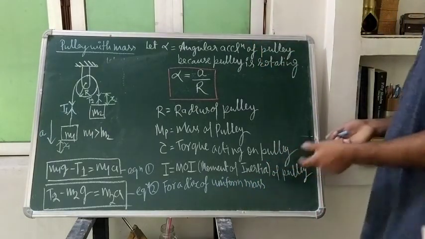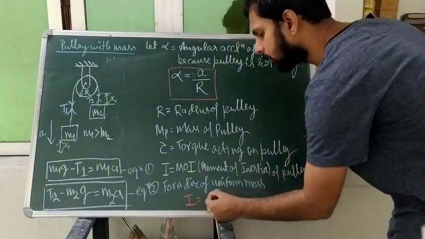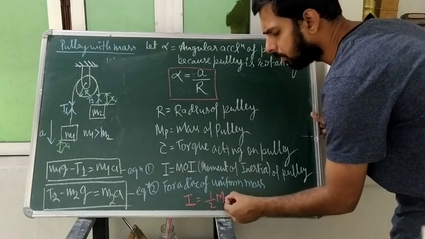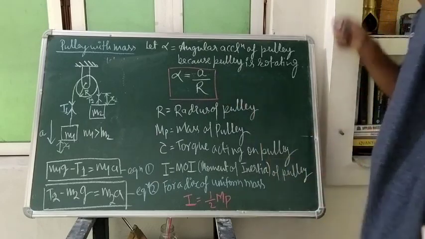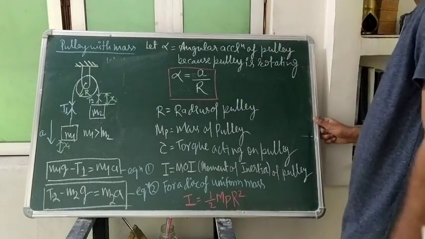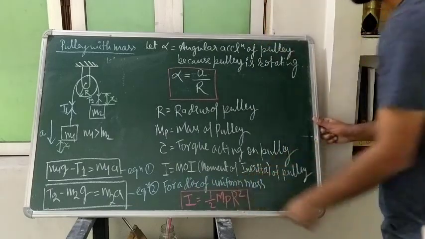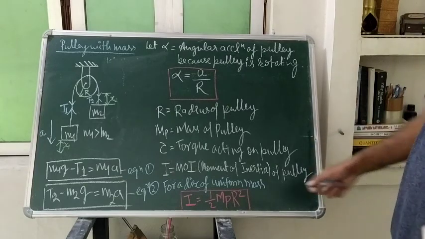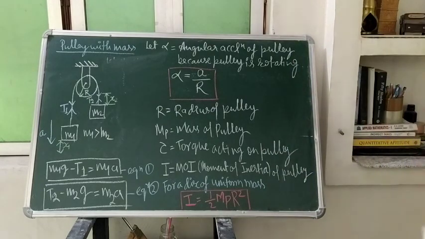So for a disc of uniform mass, the moment of inertia I will be half times the mass of the disc, which is the pulley, so mass MP times the square of the radius, half MR squared. These things we will study in rotational motion. So it will come there. For the time being, this also you can remember.